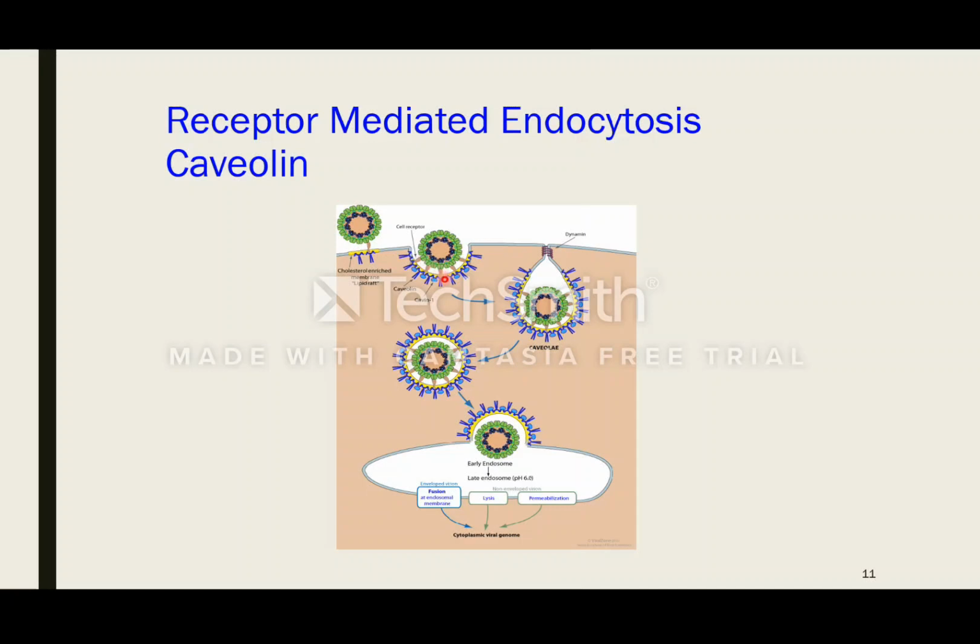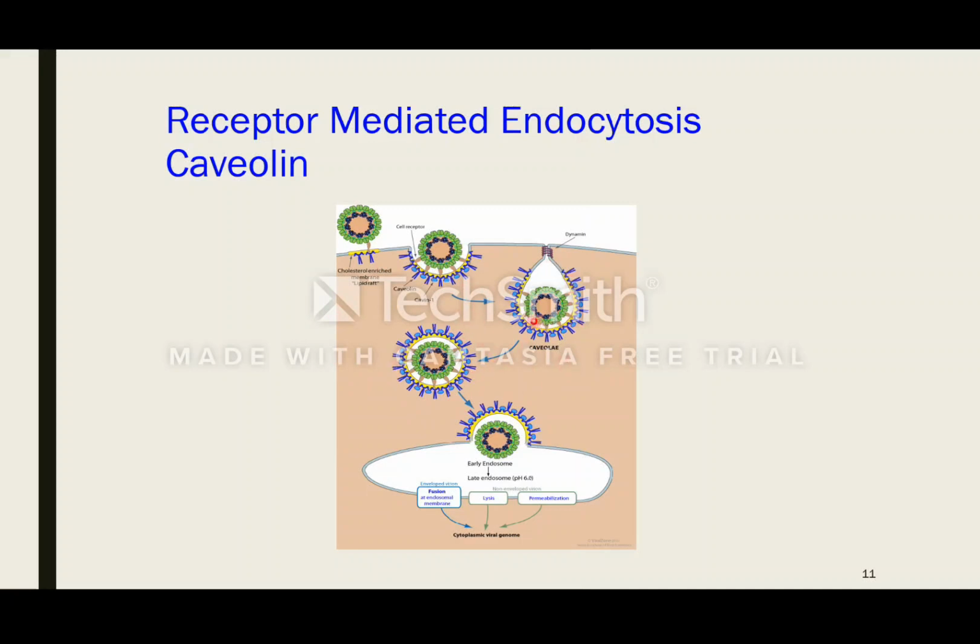Here again the ligand is joined to its receptors, and the caveolin protein accumulates under the cell membrane, invaginates the cell, pinches it, and forms a coated vesicle with caveolin.